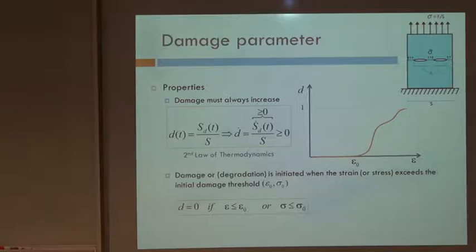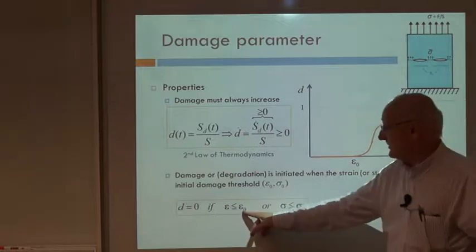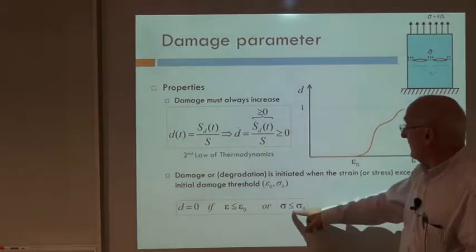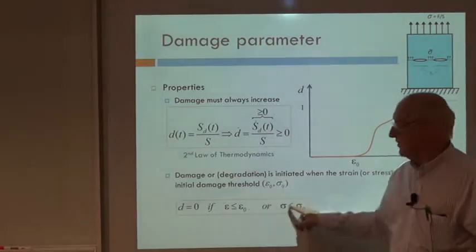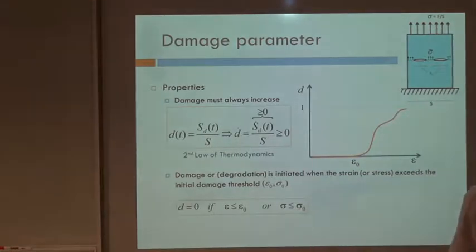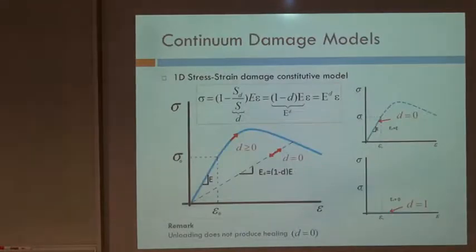We'll talk about how much is this evolution. I'm not saying anything about this evolution. Okay? Well, this threshold would be either in stresses, epsilon 0, or maybe in strains or in stresses. We'll talk also about that.